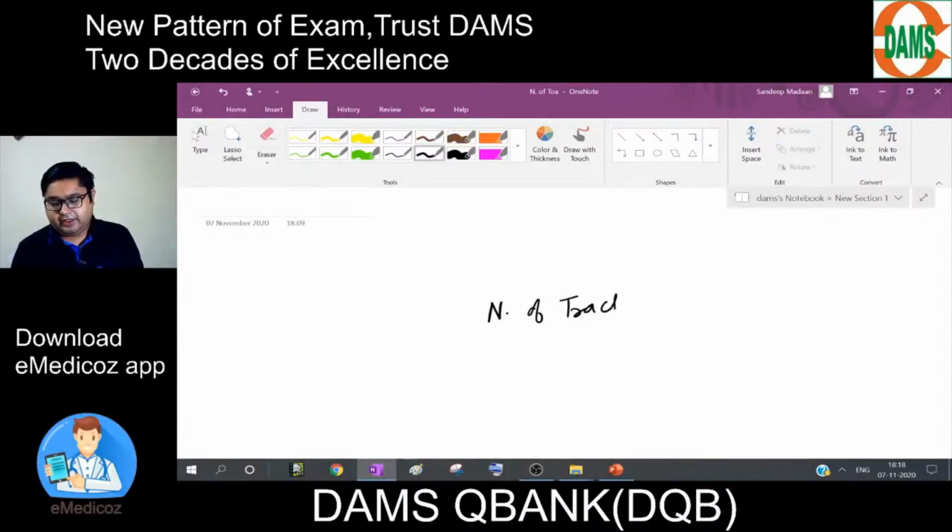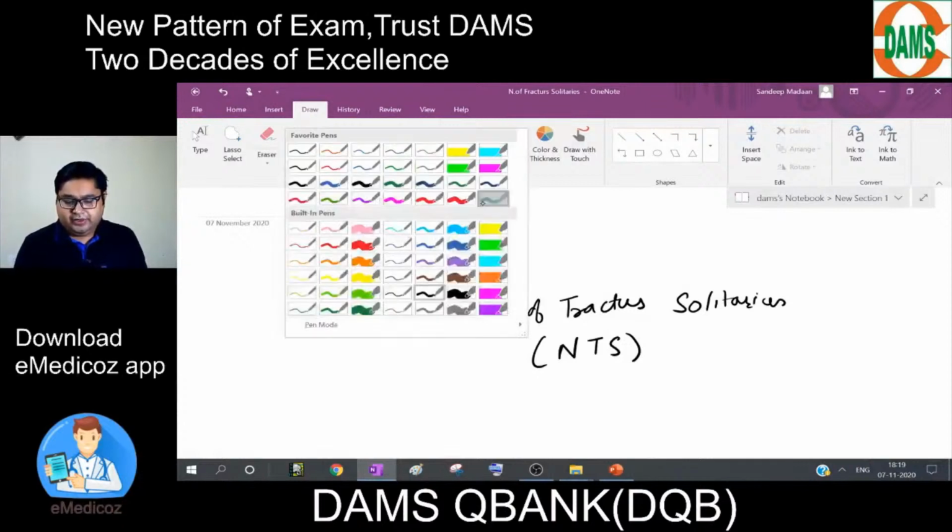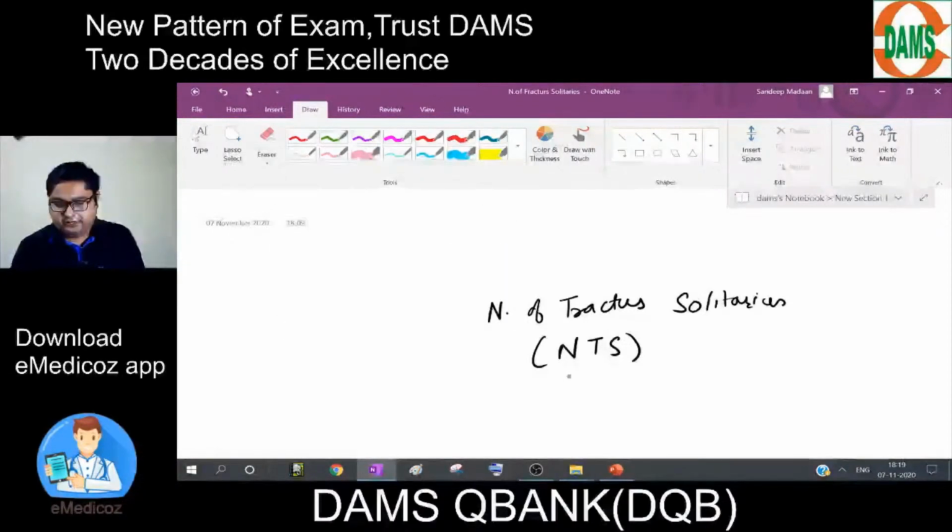In short it is called NTS because it is a compound nucleus. Because it is a compound nucleus, it has components. What are the components in it? They are in the name itself: N for 9, T for 10, and S for 7. So NTS is a compound nucleus. 9, 10, and 7 are the components in it, right?